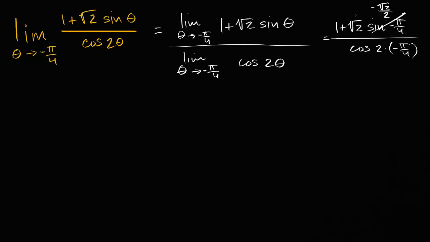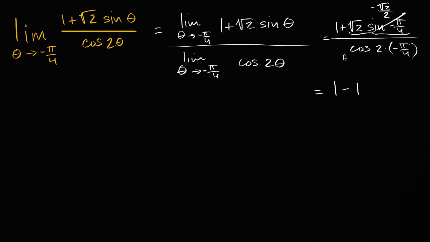Actually, let me just rewrite it. This is going to be equal to 1 plus √2 times negative √2 over 2, so this is going to be minus 1. That's the numerator over here.